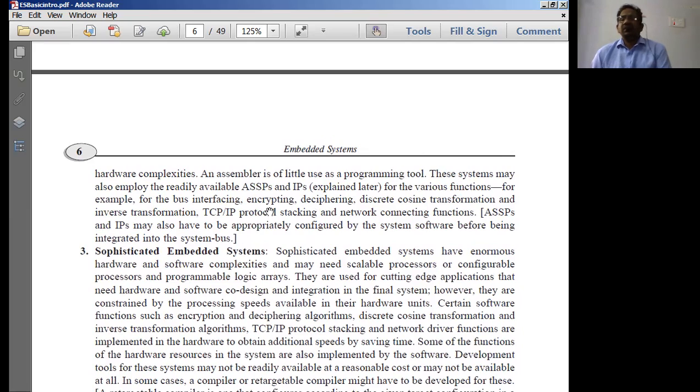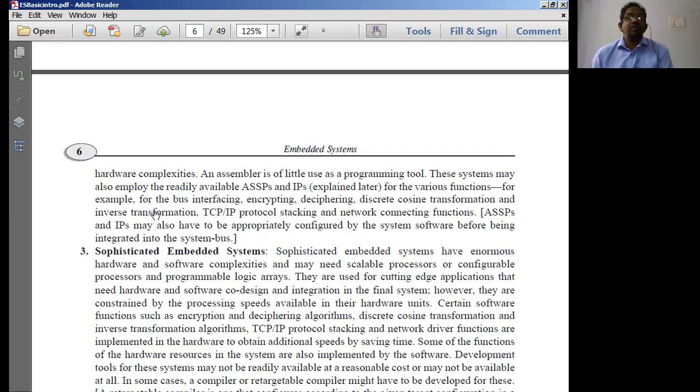So we are going to use assemblers in a lesser proportion, because assemblers are used for a very small amount of code. But when the code length is increasing, when the hardware is increasing, then the assembler simply slows down the entire process. Therefore, that is least preferred here.